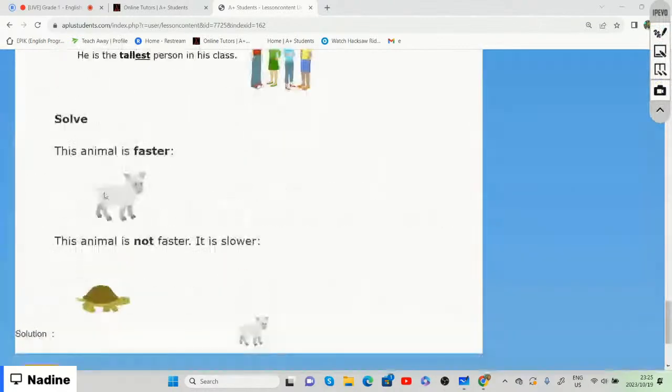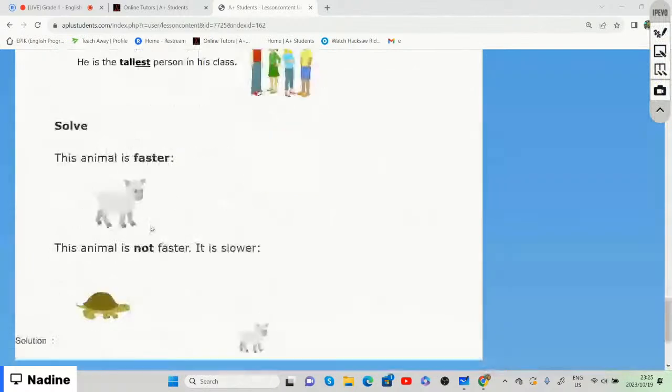All right, if we look at these two, the sheep as well as the little turtle tortoise, which one is faster, or which one is slower?